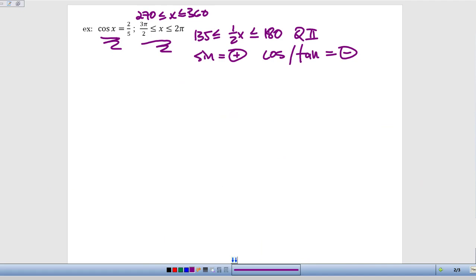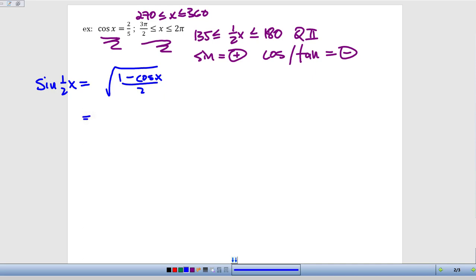If we start working on the sine of the half angle, we've got the square root of 1 minus the cosine of x over 2. That's our formula, and we're going to go with the positive on this one since we've established we're in quadrant 2.